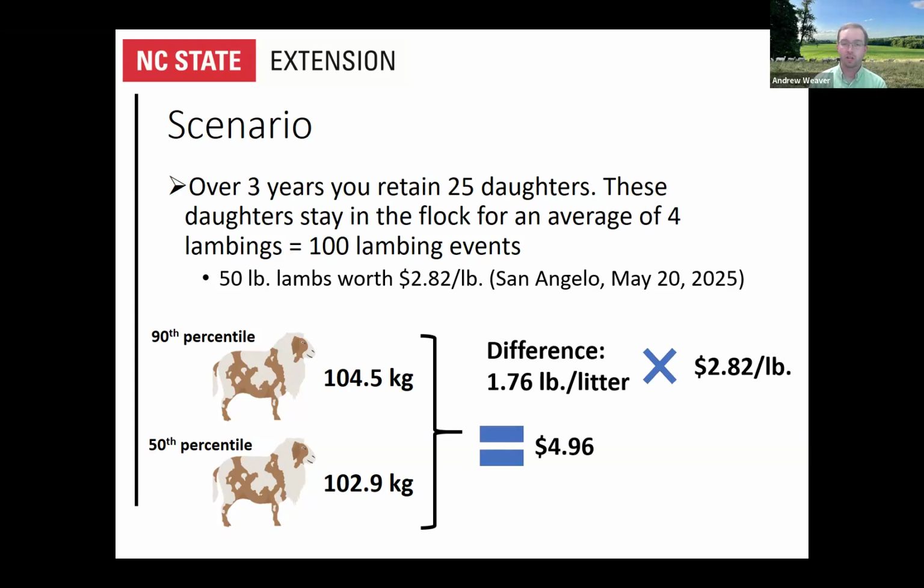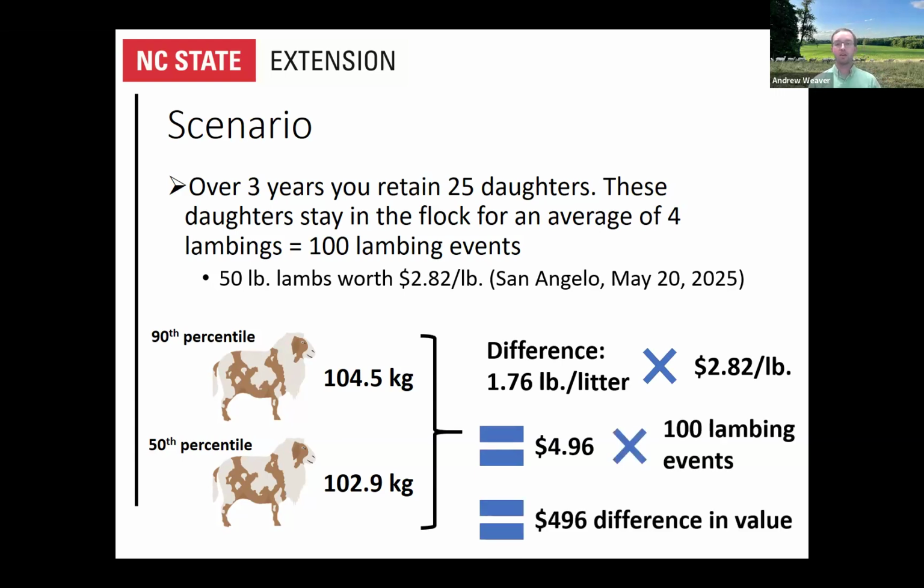That equals just shy of $5 in additional value per litter. That's going to be there across 100 total lambing events. And so in this example, with 25 daughters, each daughter having 4 lambing events, there'd be a revenue incentive of just shy of $500 of additional revenue generated by daughters of that ram on top versus the ram on the bottom.